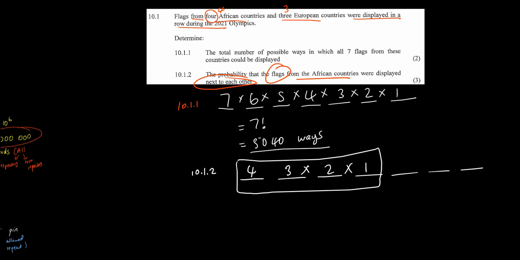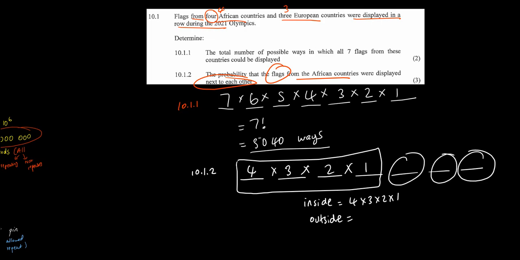You understand? So inside the box, what do I have? Inside I have 4 times 3 times 2 times 1. What about outside the box? Outside the box, I'm going to have 1, 2, 3, and the box I count as 4. So I'm going to have 4 factorial.